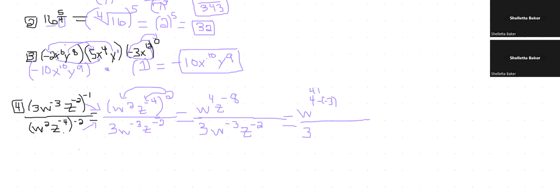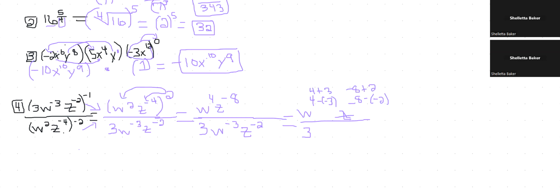For your Z term, we have -8 minus -2. So -8 minus -2. And again, these two negatives means that we're going to be adding -8 plus 2. When we simplify this further, we want to make sure that we can see each of these steps here.